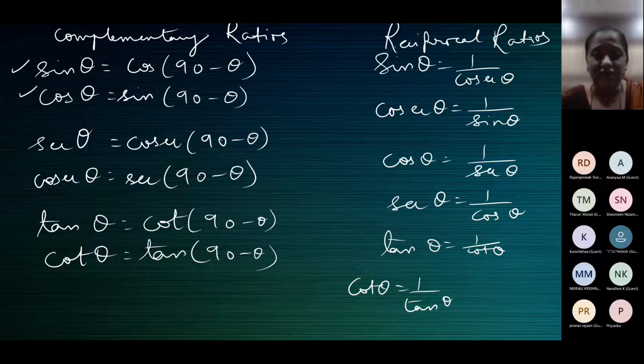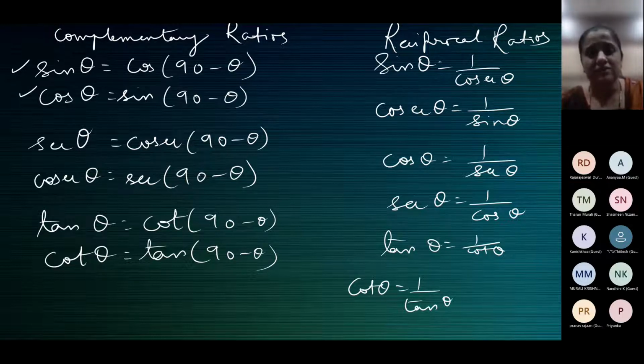Similarly, when we say that sin theta and cosecant theta are reciprocal ratios, 5 and 1 by 5, or 7 and 1 by 7, or 2 by 3 and 3 by 2 are reciprocals of each other. Doesn't mean that they are equal. You cannot write 2 by 3 is equal to 3 by 2. The reciprocal of 2 by 3 is 3 by 2. The reciprocal of 1 by 7 is 7.